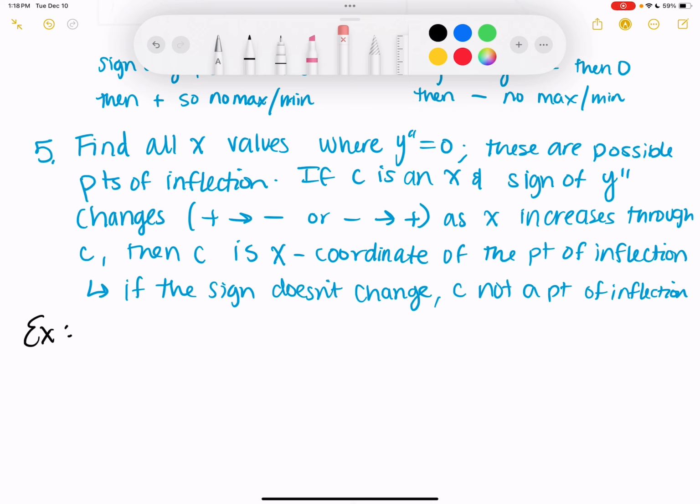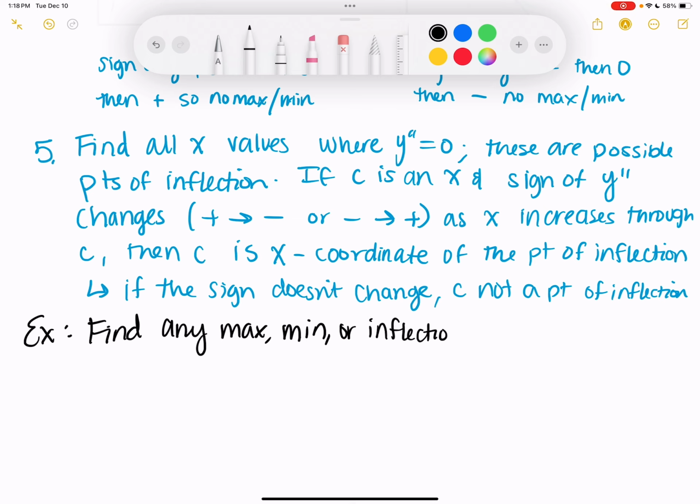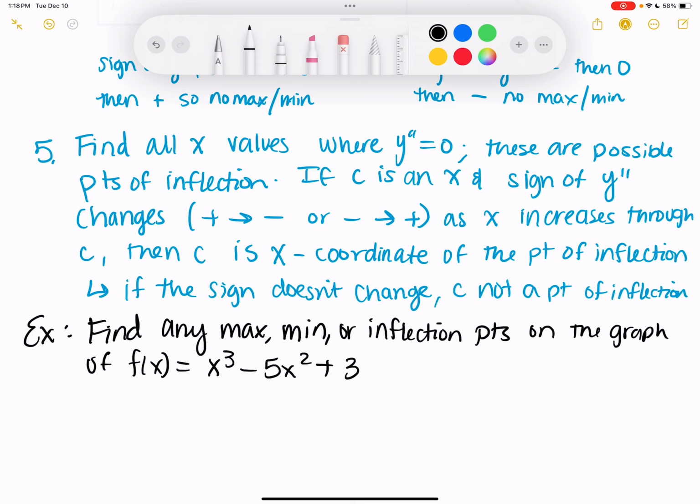I'm going to do an example of this so that y'all actually have something to associate it to. Find any max, min, or inflection points on the graph of f of x equals x cubed minus 5x squared plus 3x plus 6.